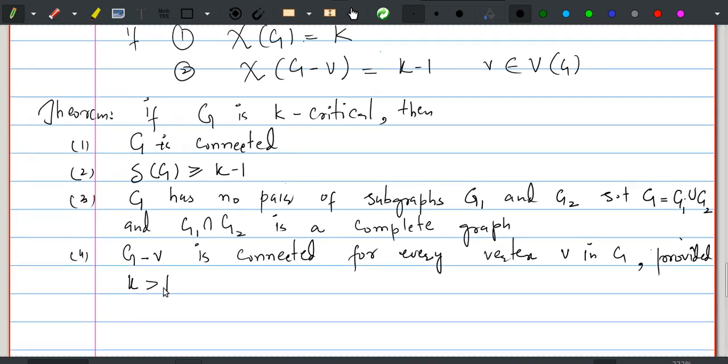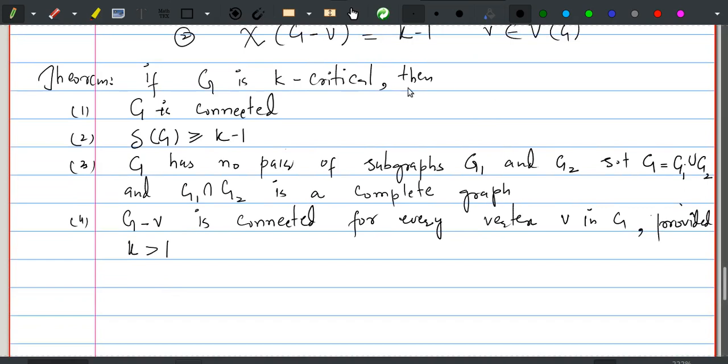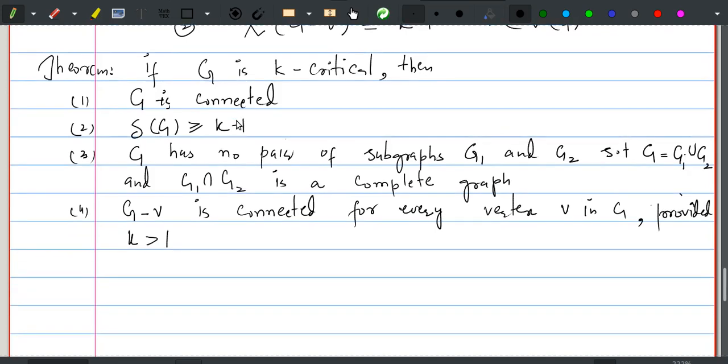So let us prove the first item. This is our hypothesis: we are given that G is k-critical. We have to prove that G is a connected graph. So this is the proof of the first item. Assume otherwise, that G is not connected.